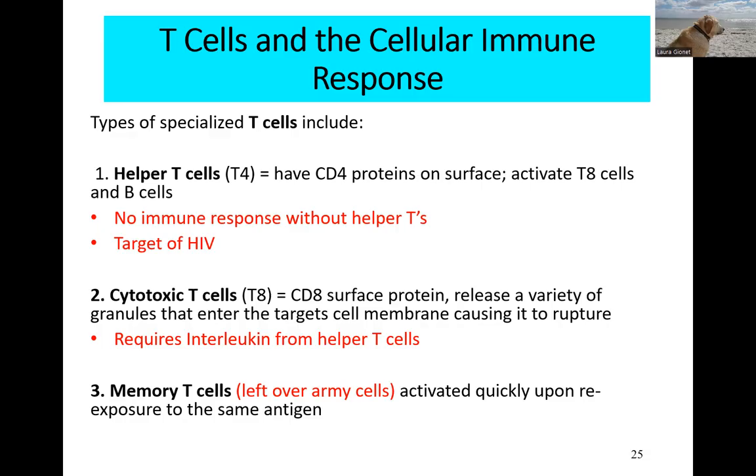Now, it might not affect all your helper T cells, because as AIDS or HIV progresses from initial stages to severe stages, more and more helper T cells become affected, and therefore more and more CD8 or cytotoxic cells become affected as well.